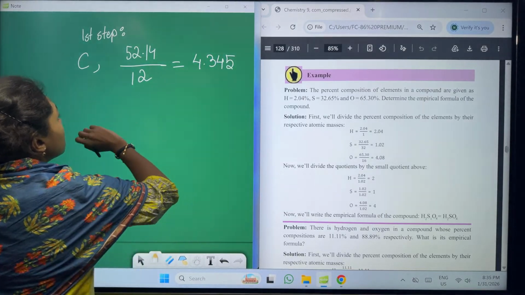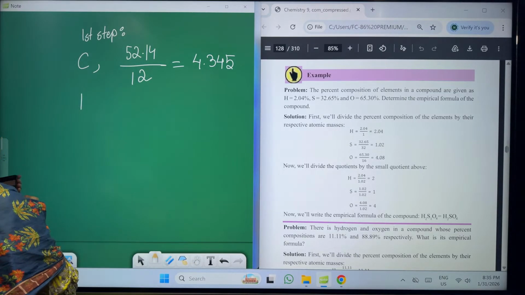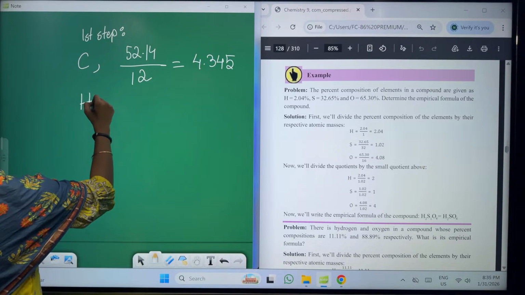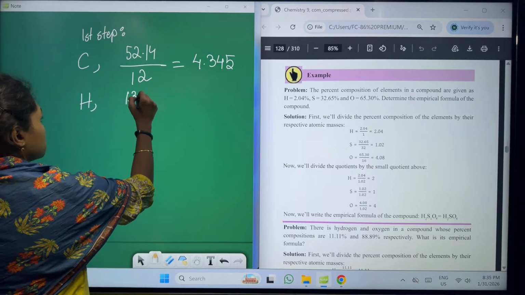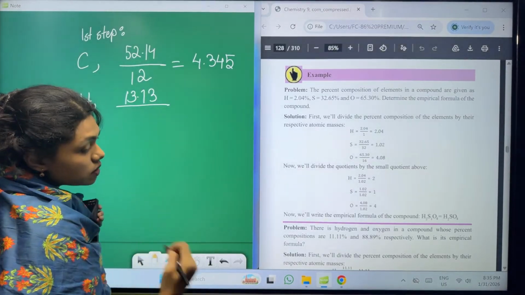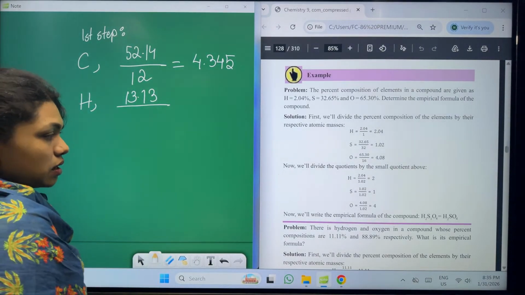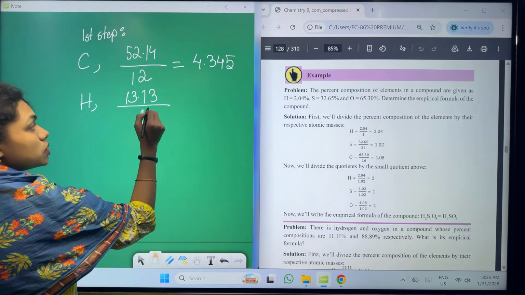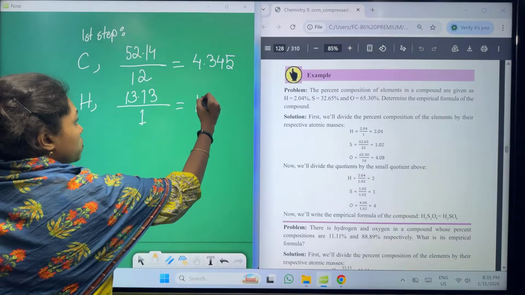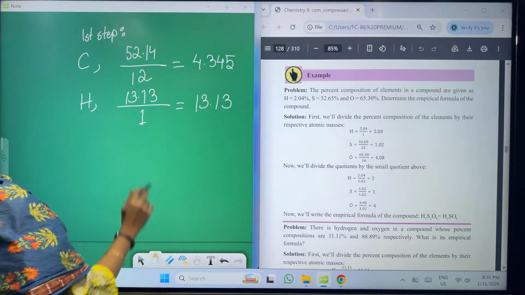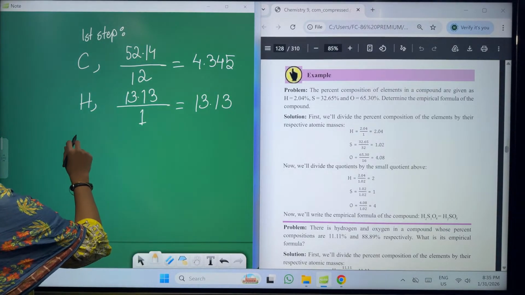For hydrogen, the percentage composition was 13.13 divided by, once again from the periodic table, the mass of 1 mole of hydrogen atoms is 1. So I'm going to use that as an atomic mass and I will get 13.13, since something divided by 1 is the same number.